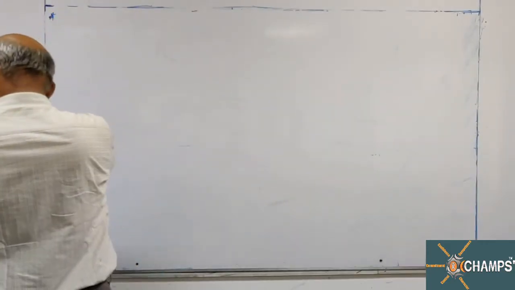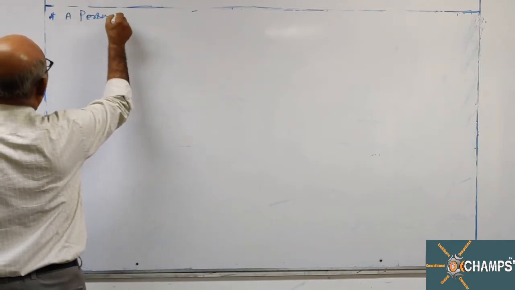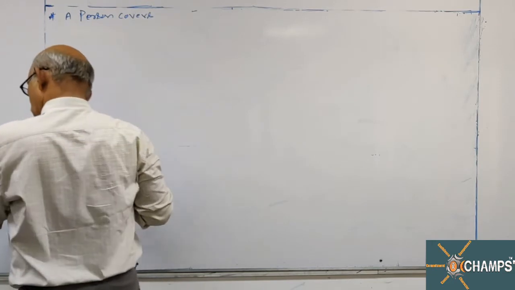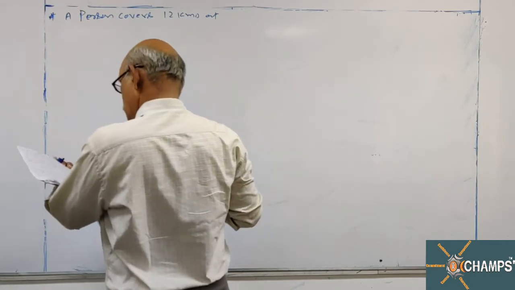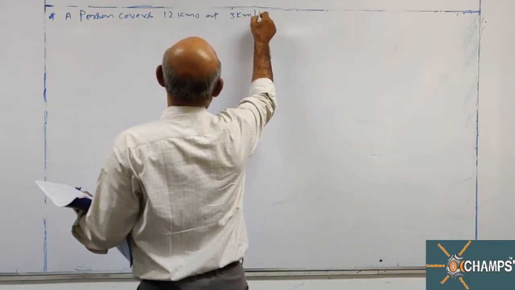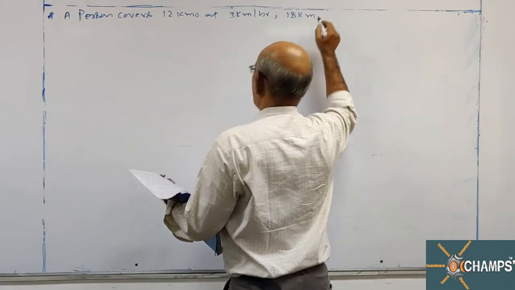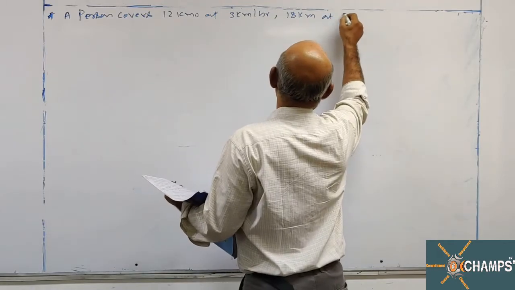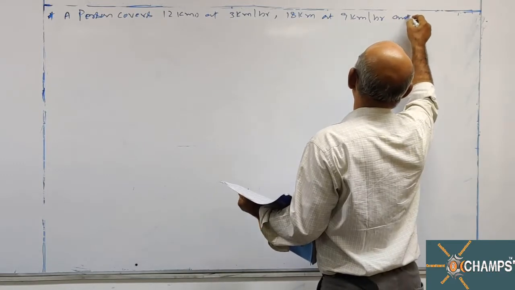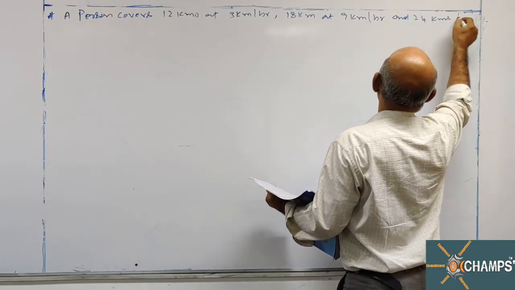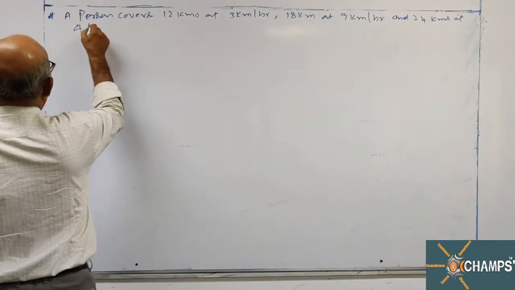Look at the next question. A person covers 12 kilometers at 3 kilometers per hour, 18 kilometers at 9 kilometers per hour and 24 kilometers at 4 kilometers per hour.